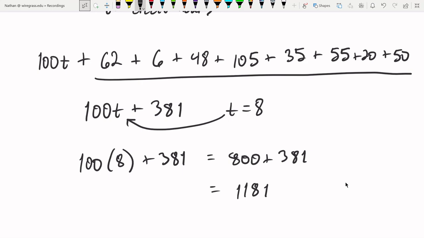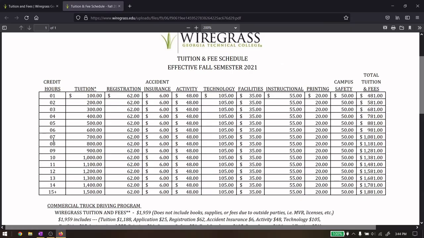Going back to the document, you can see here at 8 credit hours, go all the way over, we get 1181 total tuition and fees. So that does fit the data. The only issue with our model is that it's a continual thing.